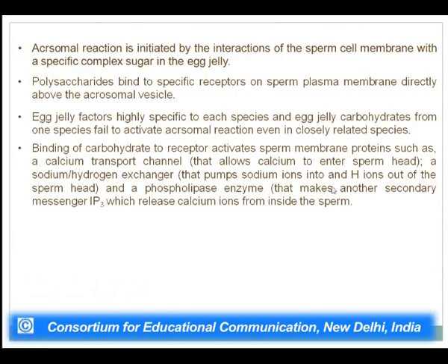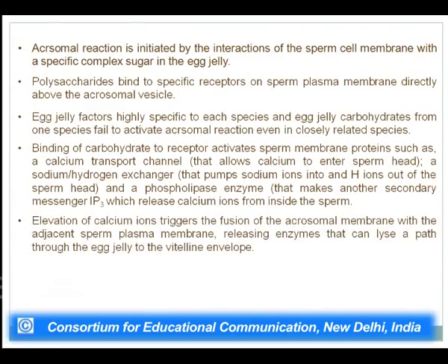So, binding of the carbohydrate to receptors activates all these proteins that change the ionic environment inside the sperm. Elevation of calcium ions triggers the fusion of the acrosomal membrane. So, this is the mechanism by which the fusion of the acrosomal membrane and the plasma membrane will take place.